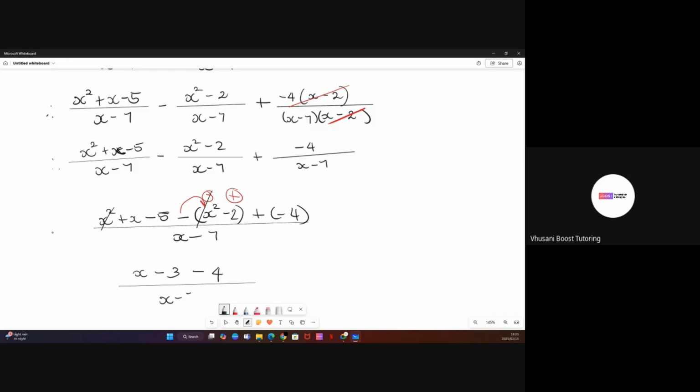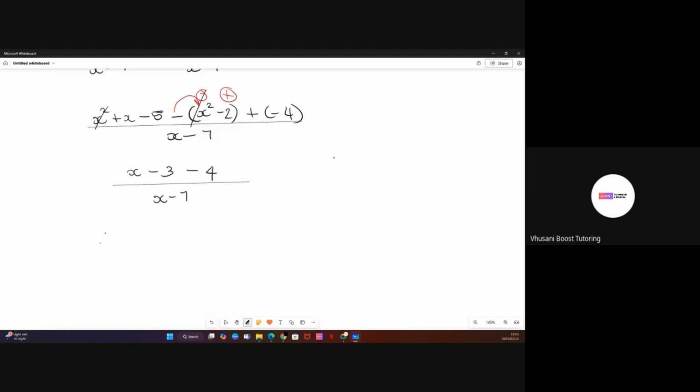Then x minus 7. And then simplifying this further, I have x, negative 3 minus 4 will give us negative 7. This is divided by x minus 7, right? So these can cancel out because they are the exact same thing. And then our final answer in this case would be a positive 1. And that's the simplified answer to this whole expression.